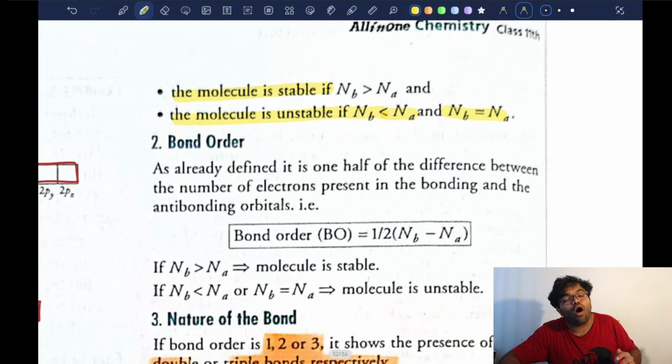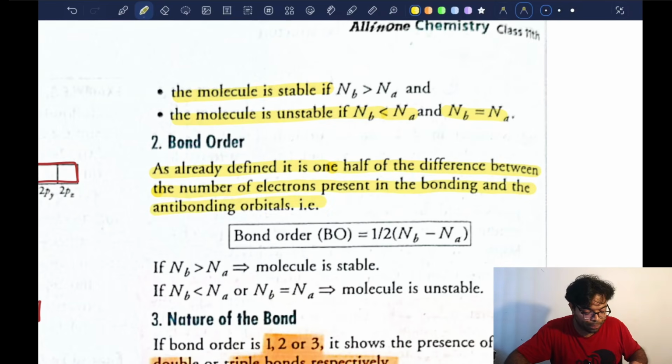The bond order, as already defined, is one half of the difference between the number of electrons present in the bonding and the anti-bonding molecular orbitals. Basically it is 1 by 2 of Nb minus Na. If Nb minus Na is greater than zero, then the bond order will become positive, and the molecule is stable.